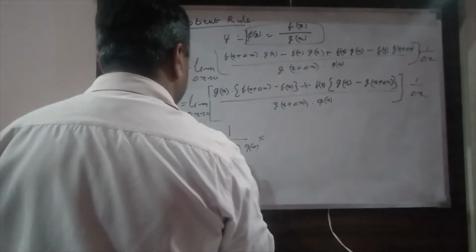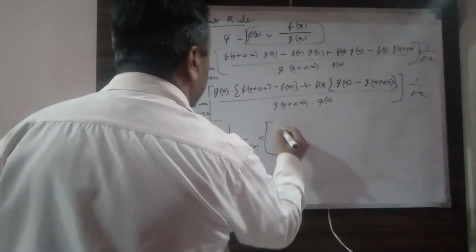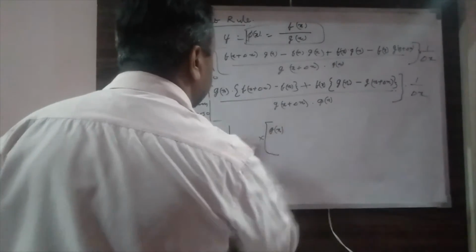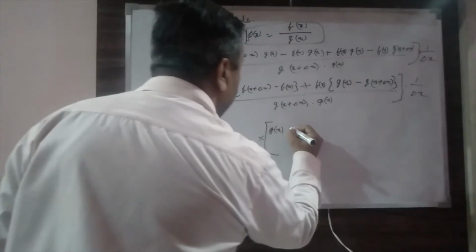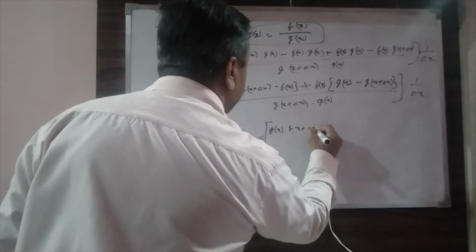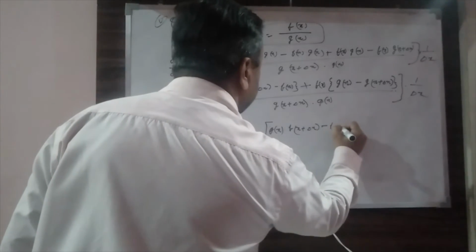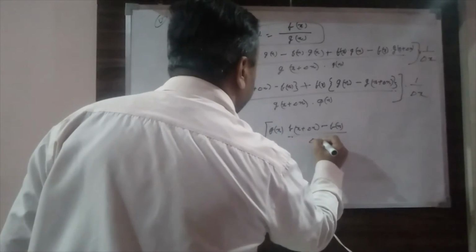Now g(x) multiplied by f(x plus delta x) minus f(x) divided by delta x.